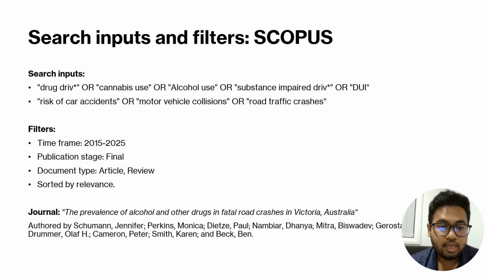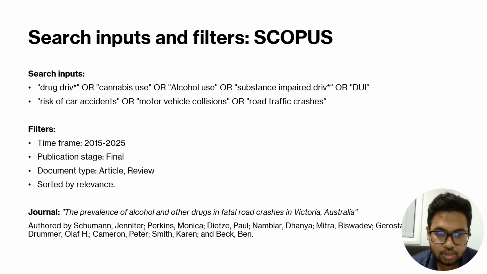And then we come to the main part, which is inputting the search words or similar words or keywords. For this slide, I've used Scopus, the database, and I've put the keywords which are drug driving. I've used the asterisk inside the quotation mark because I want all the words or phrases that are related to drug driving or drug driver or anything that includes this much in the articles or journals.